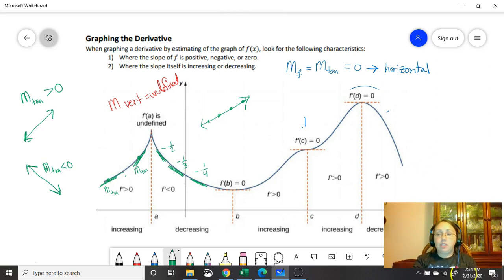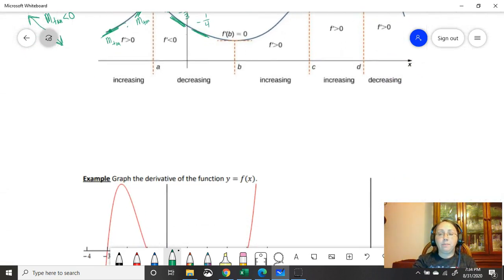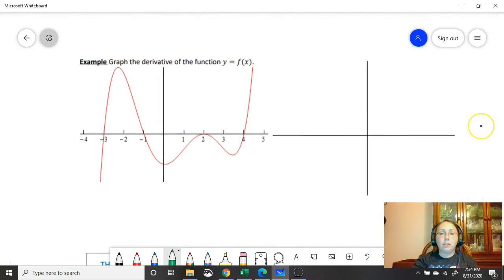All right, let me show you an example of what you might see. Like I said, this is a graph with a lot of information. All right, so here's a little bit more reasonable graph. So what I want you to start off with is where the tangent line has a slope of 0. So look at this graph. Remember, slope of the tangent line will be 0 at the peaks and at the valleys typically. So let's find the peaks.